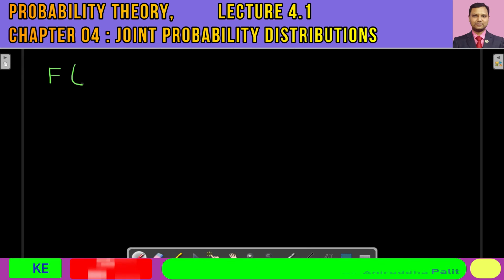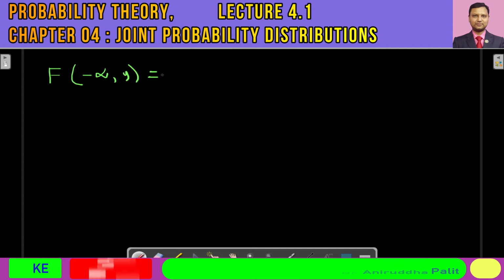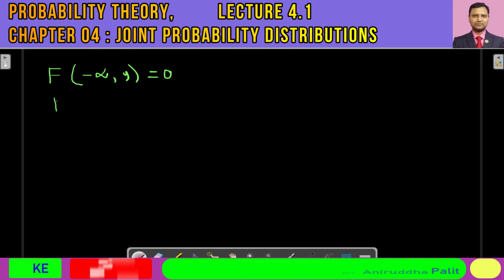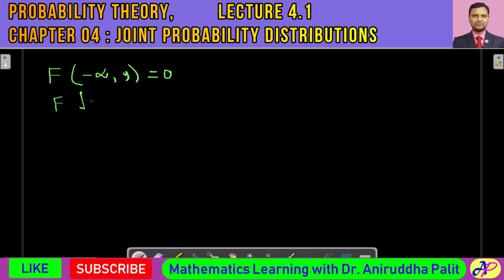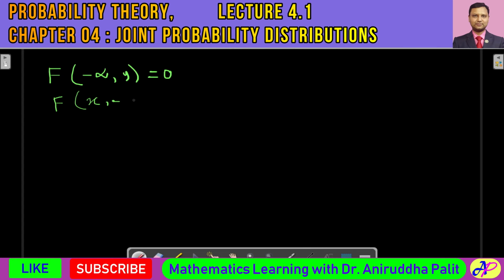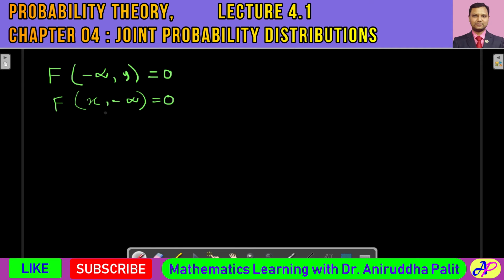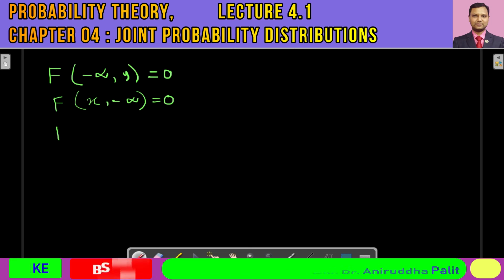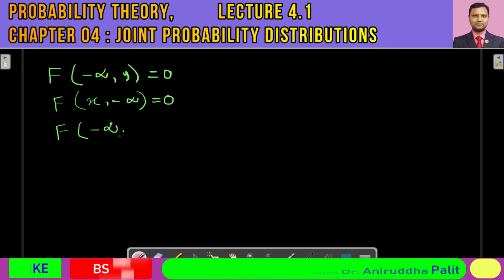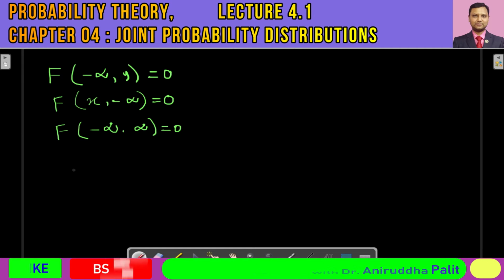So if we summarize all these results, what we got is this. Number one, F of minus infinity comma y is equal to 0, whether y is finite or infinite, it doesn't matter. Then F of x comma minus infinity is also 0, whether x is finite or infinite, it doesn't matter. Then F of minus infinity comma infinity is also 0.